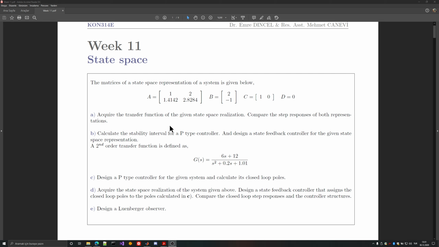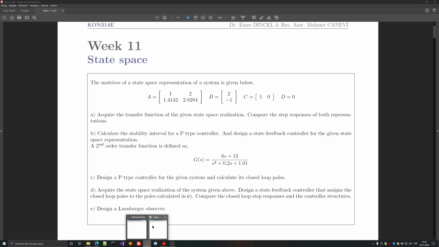We will see the comparison of controllers for both transfer functions and state space models, and then we will also see an observer, the Luenberger observer, the simplest available observer you can find, and we will see what it is and why we need this.